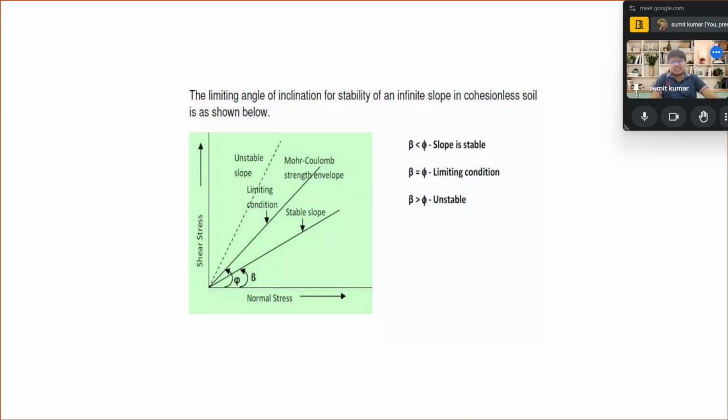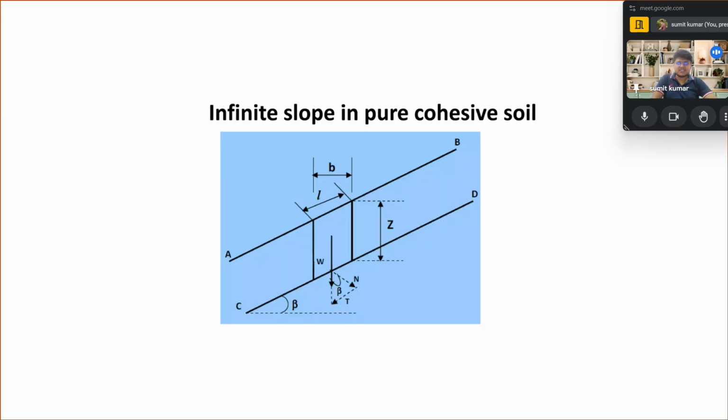Second, if beta is equal to phi, it is a limiting case, and if beta is greater than phi, where phi is the angle of internal friction and beta is the slope, then it is said to be unstable. The stable slope, and the limiting condition are presented. The Coulomb strength envelope and the unstable slope condition are shown in the figure given here.